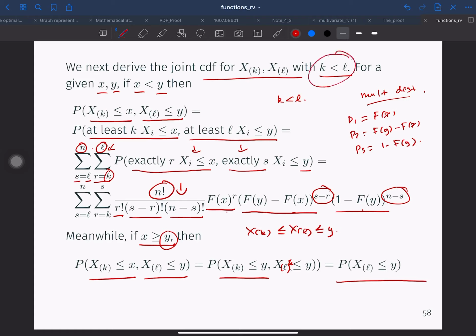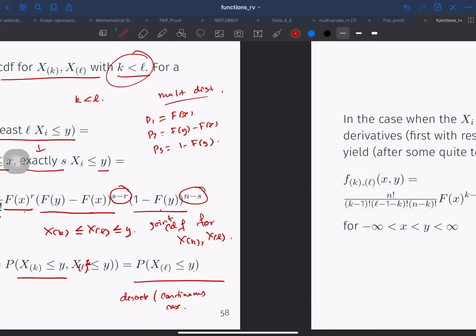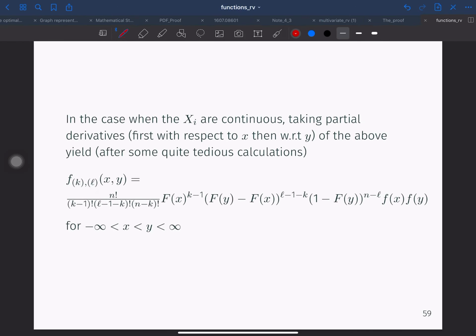So in this case, we have derived the joint CDF for Xk and Xl. And this works for both the discrete and the continuous case. But once again, if we want to talk about the joint PDF in the continuous case, then we can just take the partial derivative of this previous expression, first with respect to x, then with respect to y.